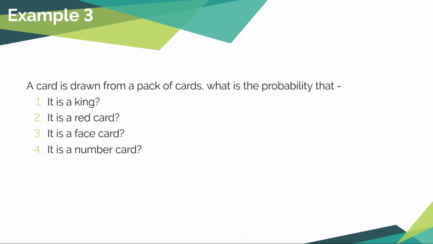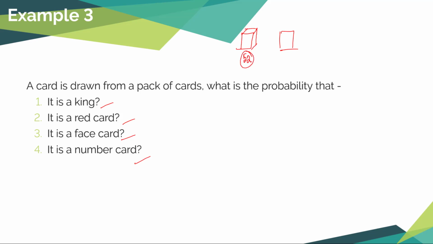So the next example is related to a pack of cards, right? We have drawn one single card from a pack of cards, and we want to find out the probability that it is a king, it is a red card, it is a face card, and it is a number card, right? So we have 4 questions of the same situation, that we have drawn a single card from a pack of cards.